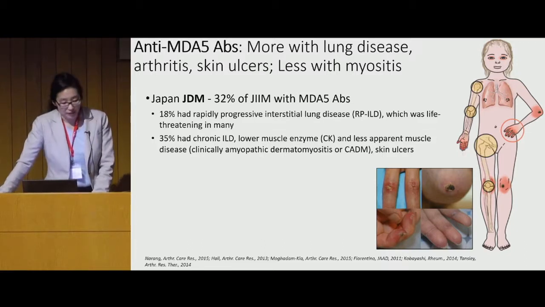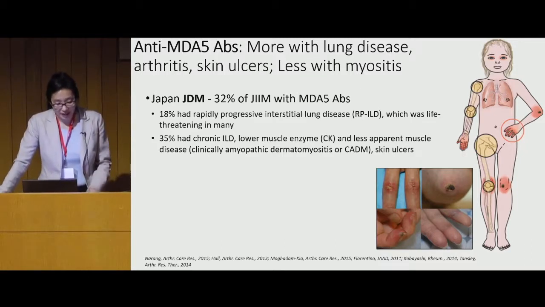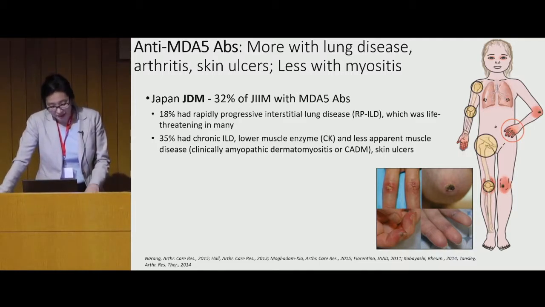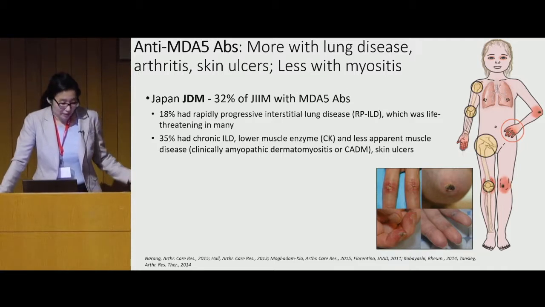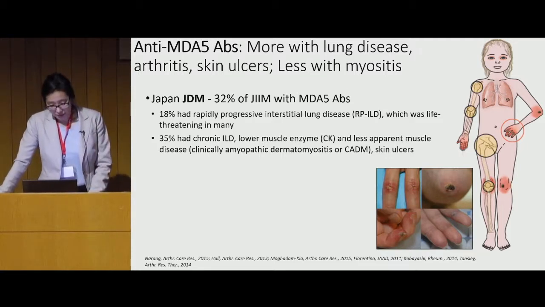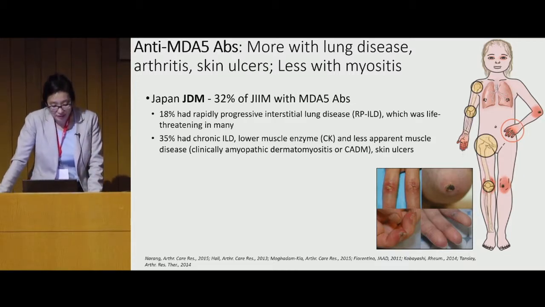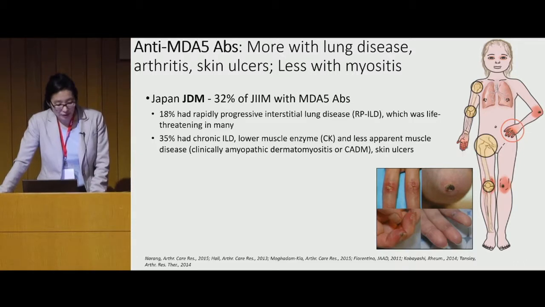About a third, or 35%, had chronic interstitial lung disease, and they tended to not have this elevation of the muscle enzyme CK or creatine kinase, and just in general have less obvious muscle disease or weakness. And for some, there was from the physician or clinician who evaluated them, really no obvious muscle disease, but they did have more skin ulcers, which you can see in the pictures.